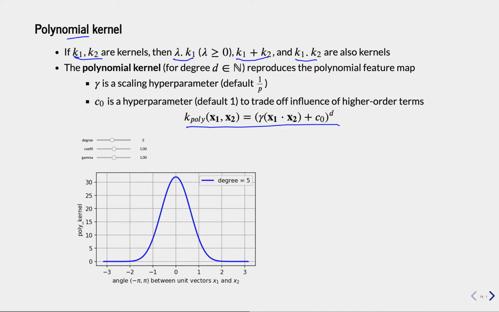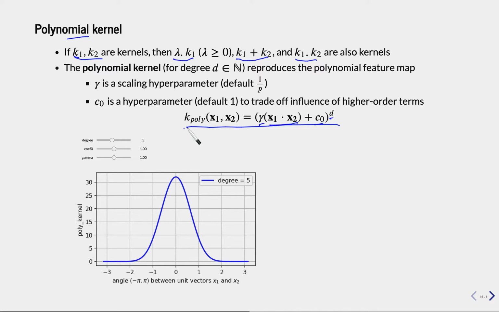It's the dot product of the 2 vectors, x1 and x2, times a scalar gamma, plus a scalar c0, multiplied d times, so to the degree d.